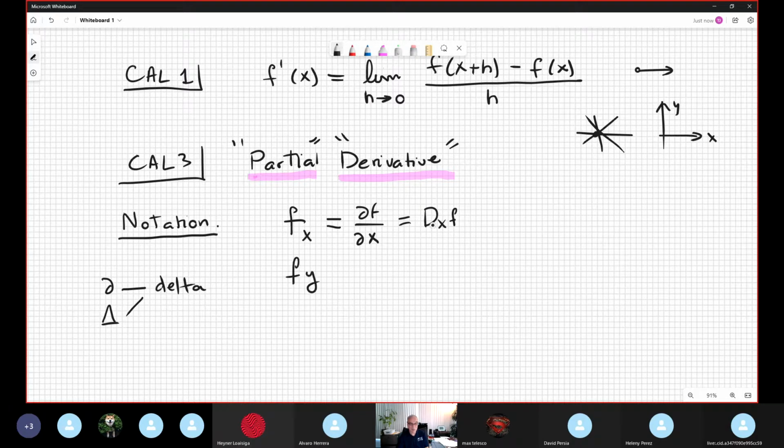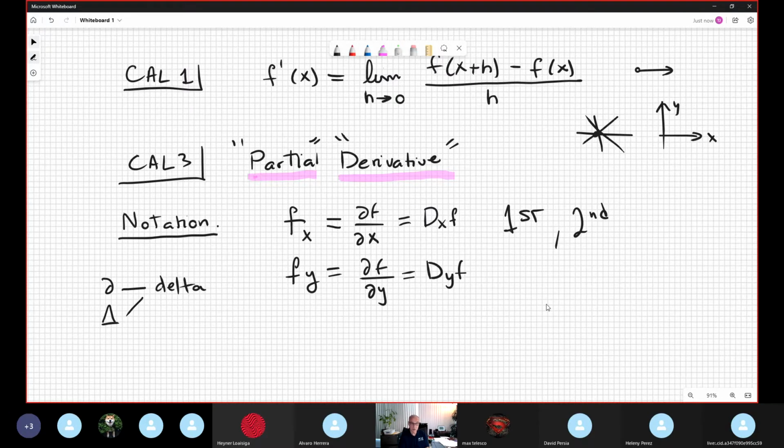Likewise, the partial derivative with respect to y is df/dy or D sub y of f. And we have the first derivative, but we also have the second derivative and so on, higher order derivatives.